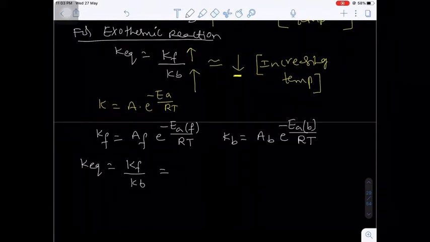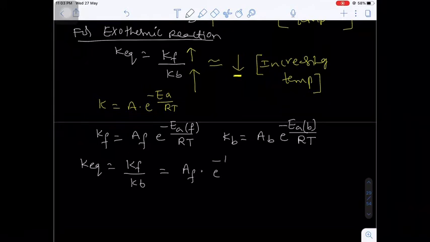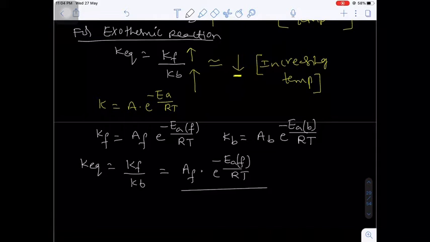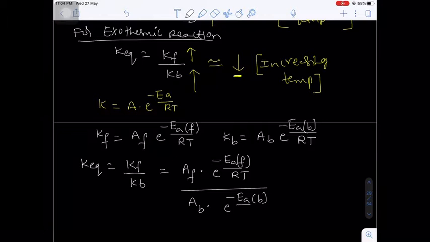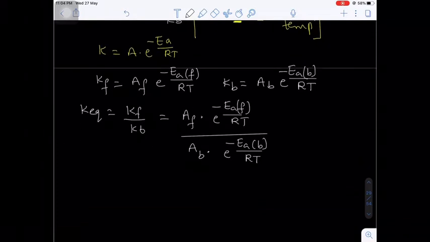AF, that is the frequency factor in the forward reaction, multiplied by e to the power of minus Ea forward reaction activation energy, whole divided by RT, divided by the frequency factor in the backward reaction AB, e to the power of minus Ea backward reaction, divided by RT.